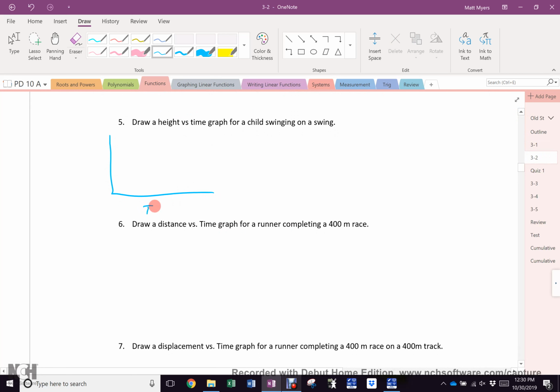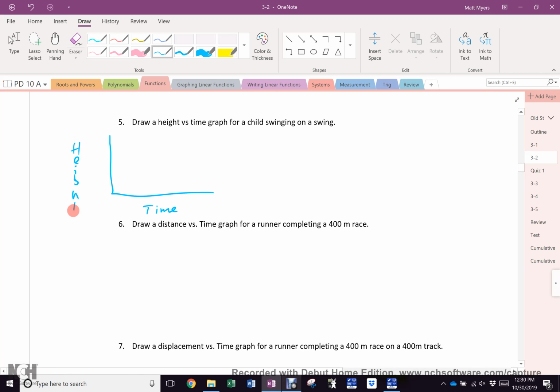Time is the independent variable, and usually the x-axis. But anyways, usually time is on the x-axis. Is it always? Let me give you an example. I'll do it later. So over here is height, yes?